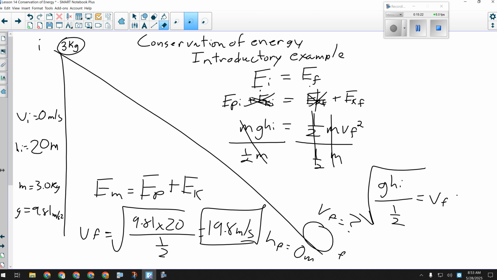Force will never be part of a conservation of energy question. If a force is present and it's doing work, then it's a work energy theorem question. So if a question gives you or asks for force, it's a work energy theorem question. You'll never get that in a conservation of energy question. You'll also get distance, obviously, in a work energy theorem question.